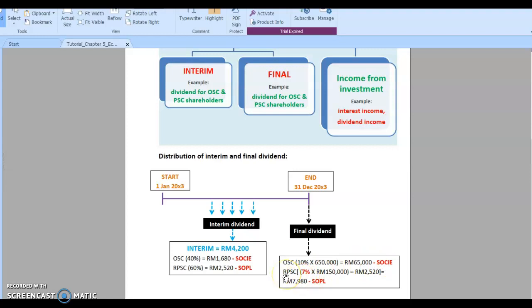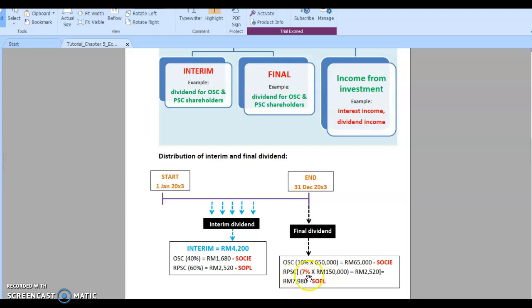Whereas for the final dividend of RPSC, we have to find the amount by first identifying the amount of dividend received by the RPSC holder for the year. Based on the question, the dividend rate of RPSC has been prescribed as 7% per year.